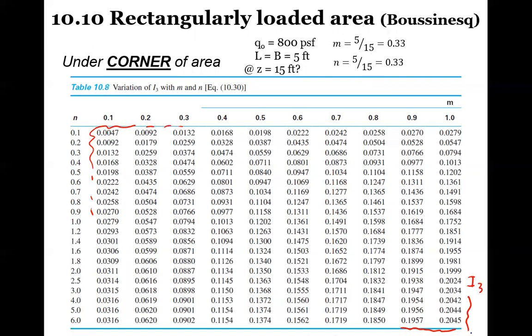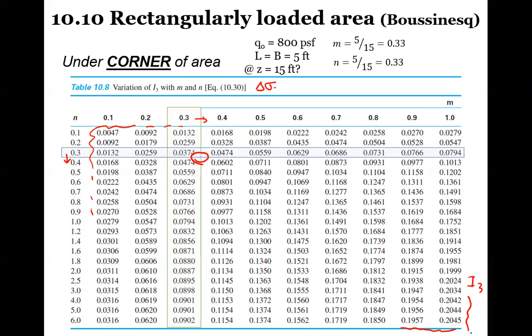So what we would do is read where these actually are. Our M value, 0.333, would be here, and then our N value would be here. And since it's 0.333, technically you would interpolate just a little bit or round up. The value should be somewhere in this area. Again, delta sigma z is equal to Q naught times I3.